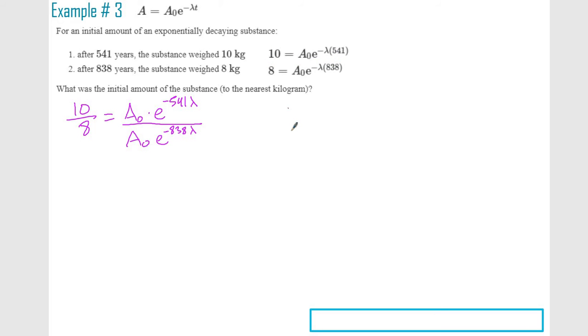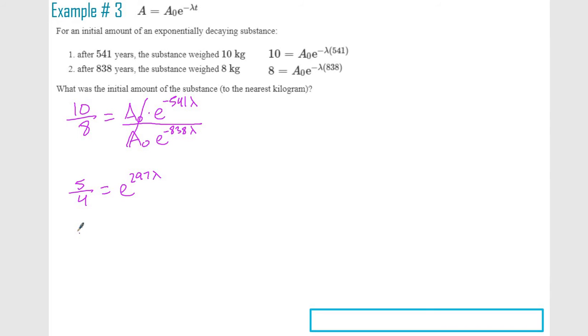Okay, so now we can just solve, right? We know these initial amounts are going to cancel. So now we get 5 over 4, right? I just simplified that. And then here, they both have an e, so combine those by subtracting. Negative 541 minus negative 838 should get us 297 lambda.